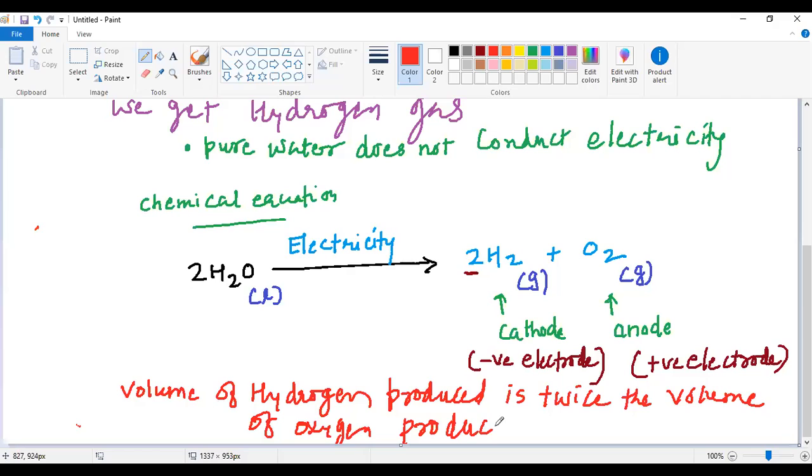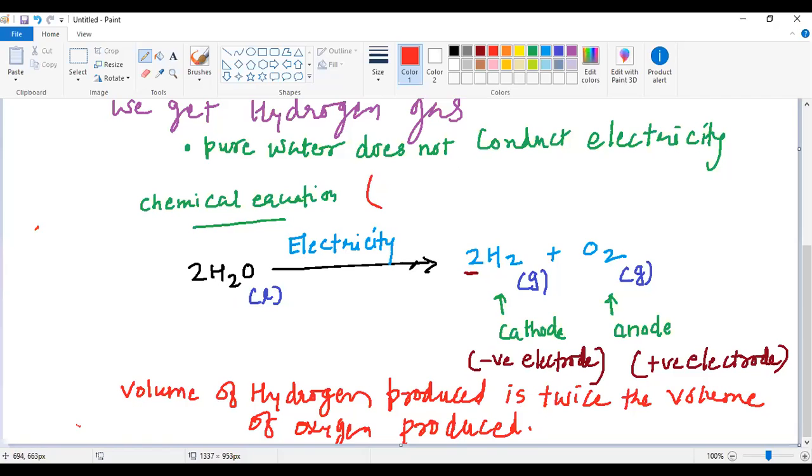This is another important point, my dear students: whenever we do the electrical decomposition of water, we get hydrogen produced and oxygen produced, but the volume of hydrogen produced is double the volume of oxygen produced. This is how, my dear students, we study the electrical decomposition.